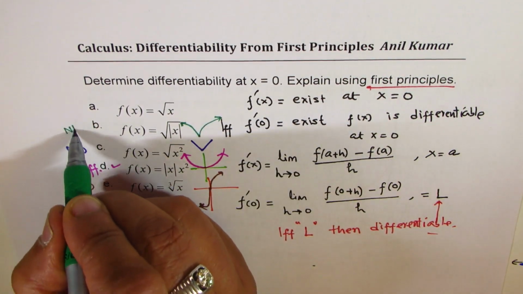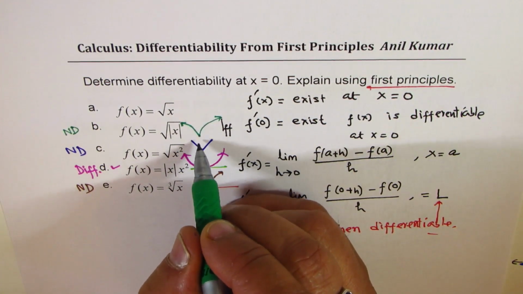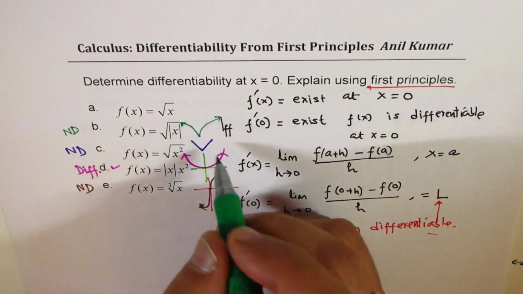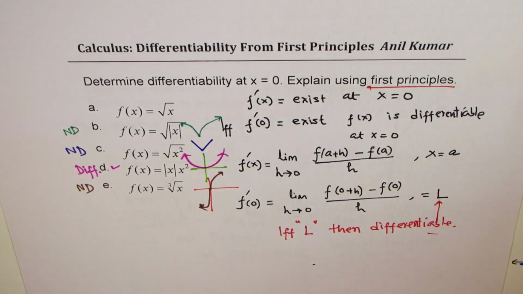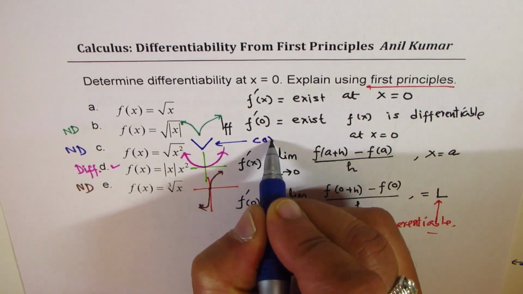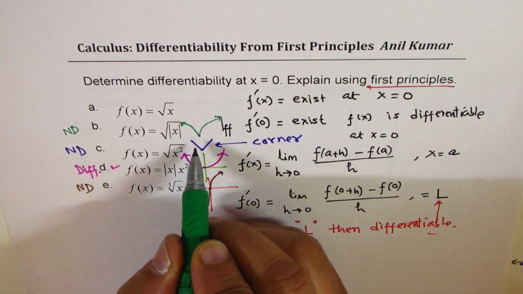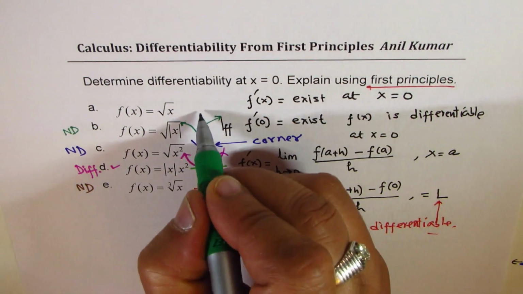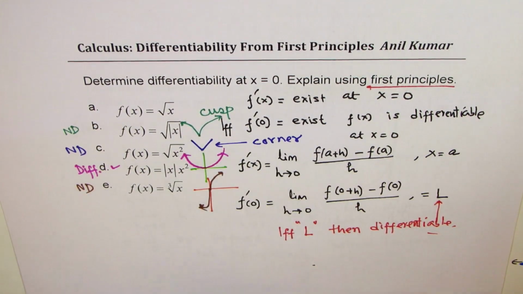So it is not differentiable, right? If you draw a tangent line, it is infinitely large, right? So it is again a cusp, right? So here we have an example where it is not differentiable because in this case it is a corner. Here it is not differentiable because in this case it is a cusp, right? So it is not differentiable.